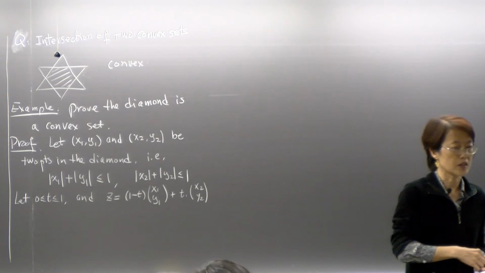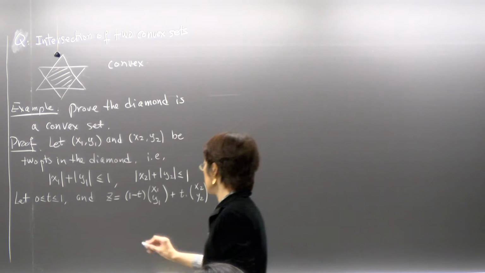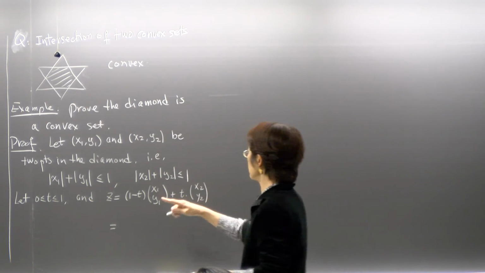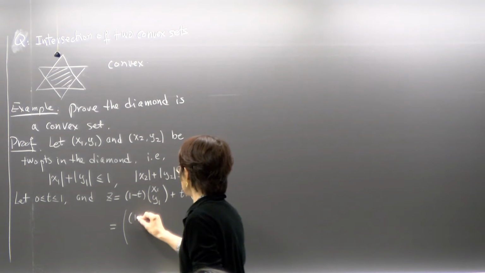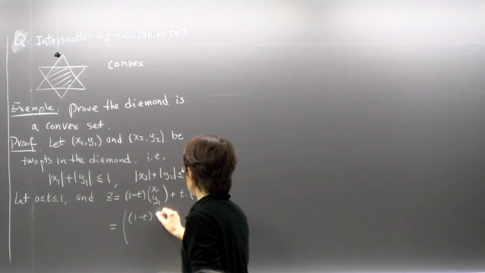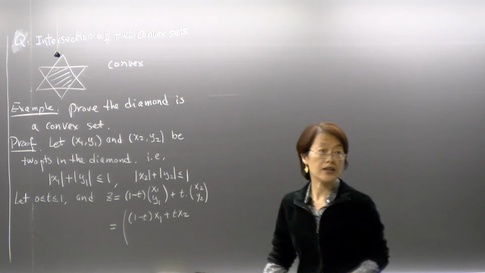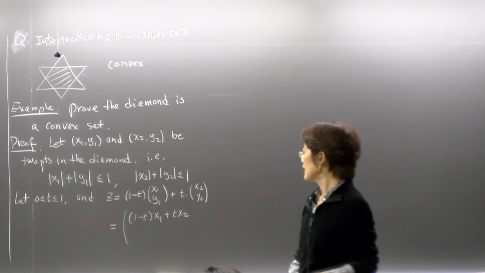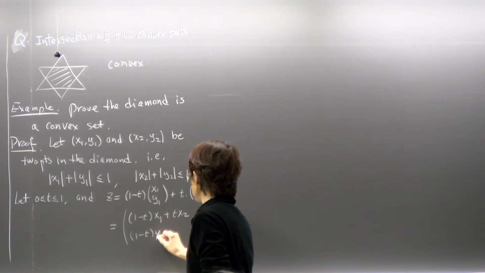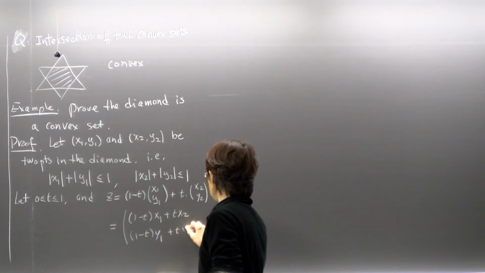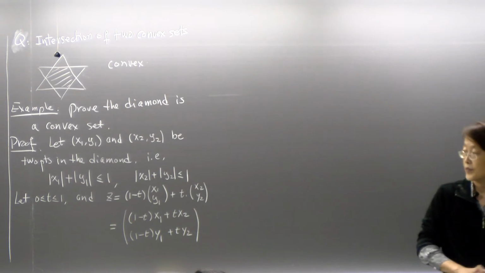That's a convex combination of those two points. So what will be the coordinates of z? You just add up each element. For the x element, I will have 1 minus t, x1 plus t, x2. And for the y, 1 minus t, y1 plus t, y2. So that will be the coordinate of z.